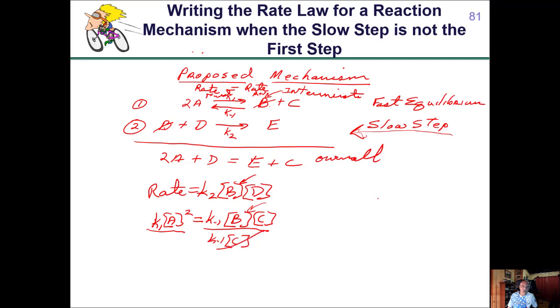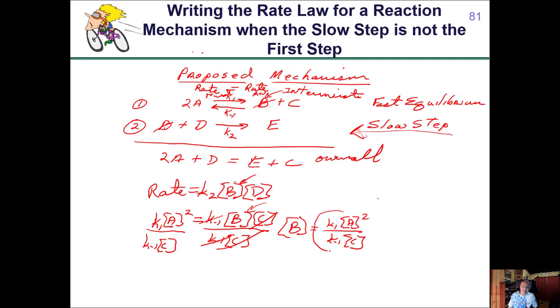When I do that, the C cancels, and the k-1 cancels on the side where I have k-1 times [C]. Now this is equal to [B]. So the concentration of B in this reaction is equal to k1 times [A] squared divided by k-1 times [C]. And that is equal to [B].